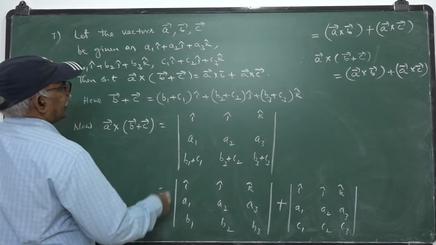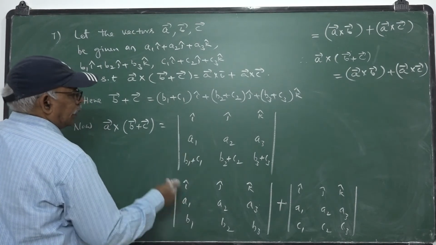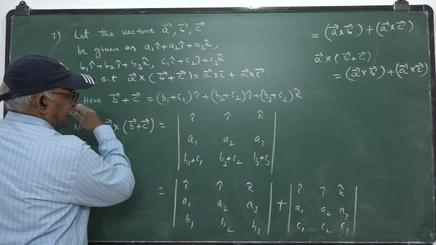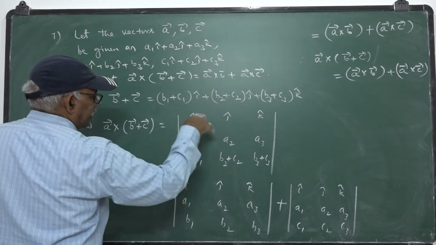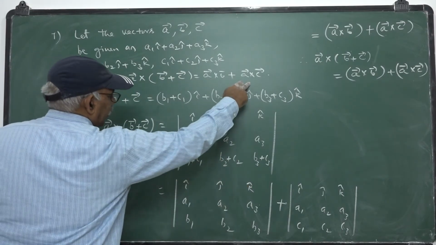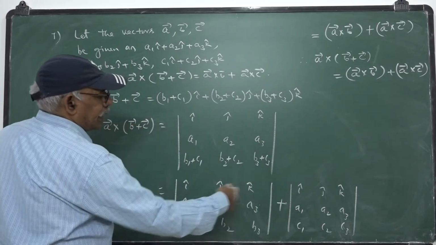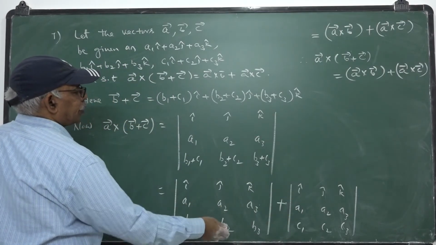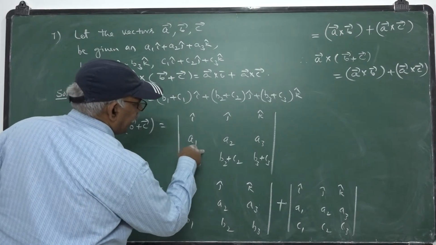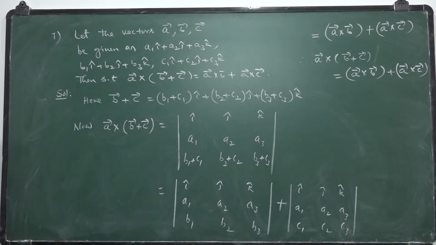Otherwise, you can evaluate this determinant, find the LHS part value. Similarly, find A cross B, that means the determinant, and A cross C, the determinant. Adding these two evaluations, we get the same determinant. LHS and RHS are equal in that case. So by evaluation of the determinants straight away, you can show that LHS equals RHS. That is one more procedure.